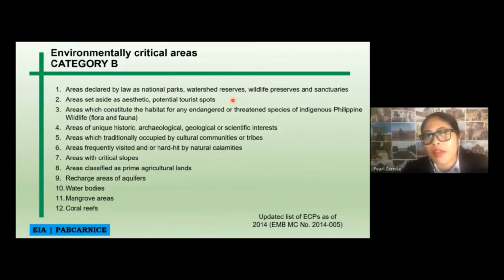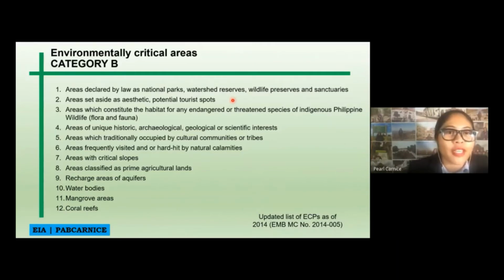So at the same time, if you are going to have a huge project, a major project in Mount Apo, definitely you will be needing an ECC, because there are a lot of studies already that there are still species of plants in Mount Apo that are unnamed yet or undiscovered. So yeah, definitely it will be part of the environmental critical areas.